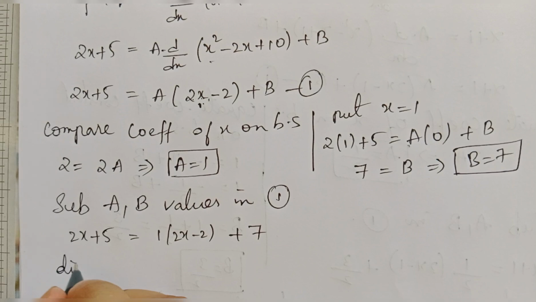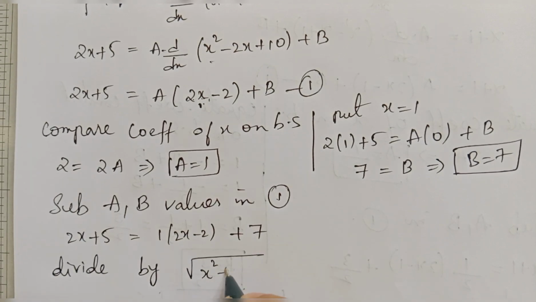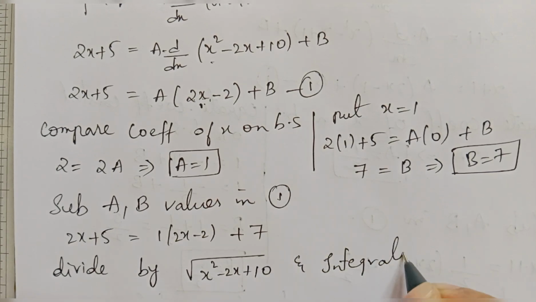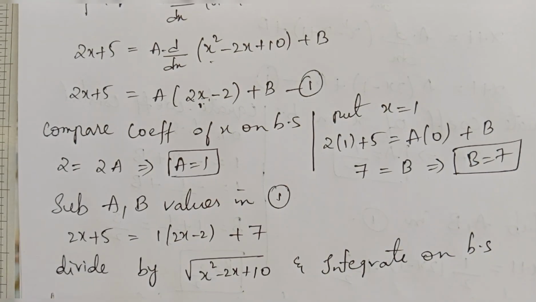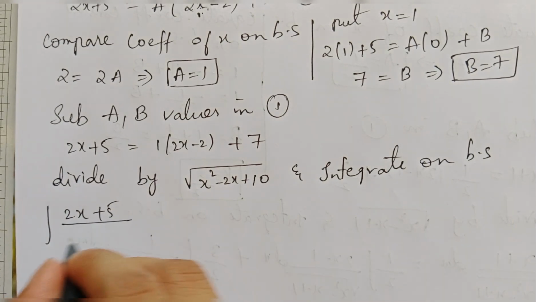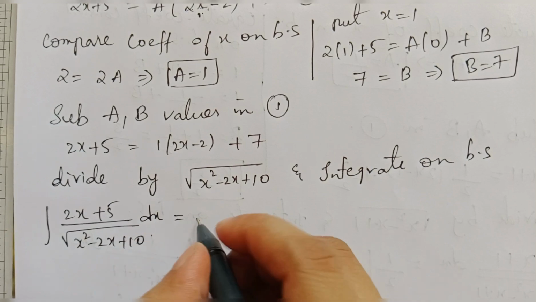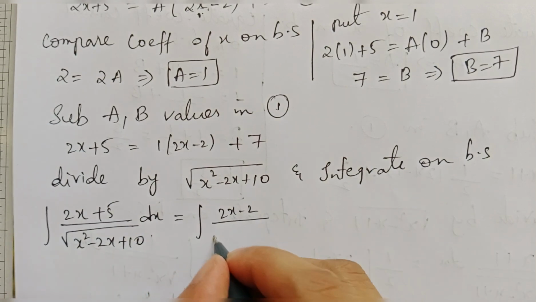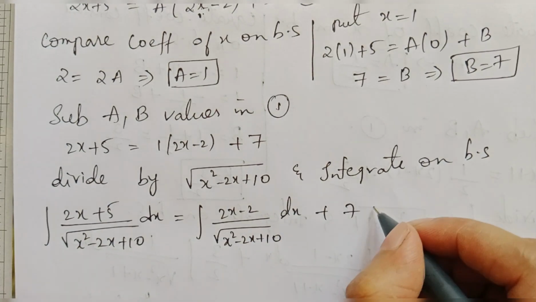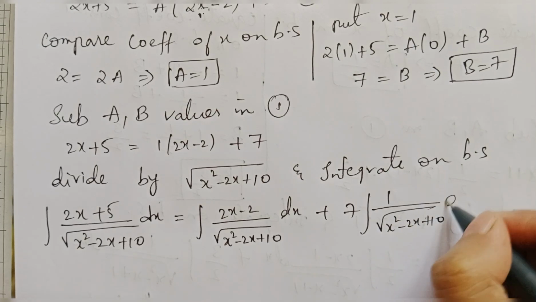Now we should divide by our denominator, which is root of x square minus 2x plus 10, and integrate on both sides. So we'll get integral of (2x plus 5) by root of (x square minus 2x plus 10) dx is equal to integral (2x minus 2) by root of (x square minus 2x plus 10) dx plus 7 integral 1 by root of (x square minus 2x plus 10) dx.